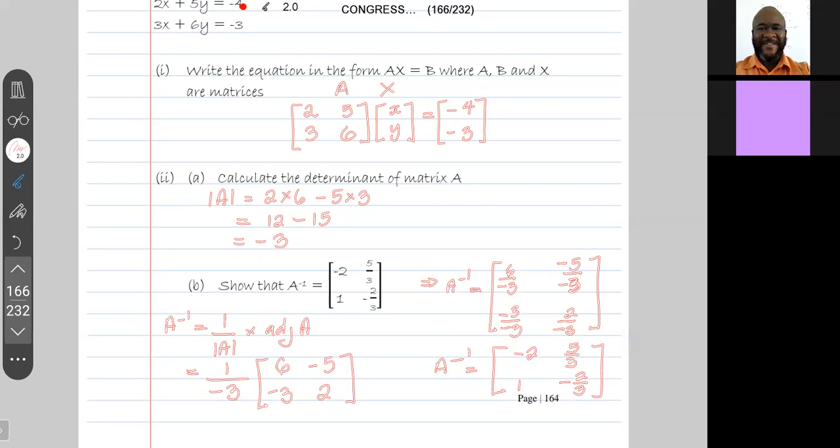All right, so let's just turn the page and finish up the question.